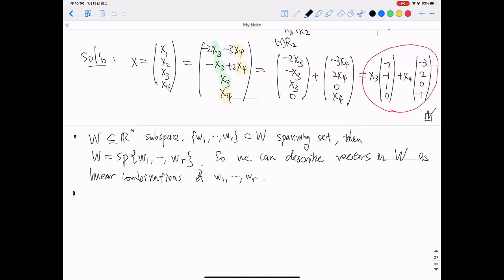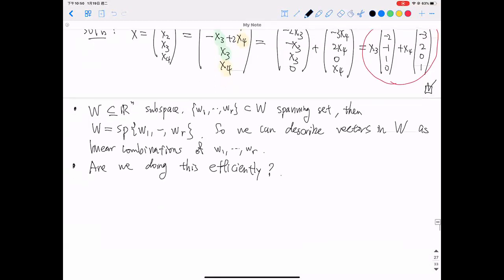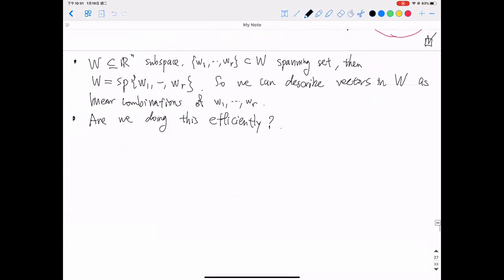Now the question is, are we doing this efficiently? Or put it differently, is there any redundancy in writing a given vector in W as a linear combination of W1 through WR? One observation we can make is the following.